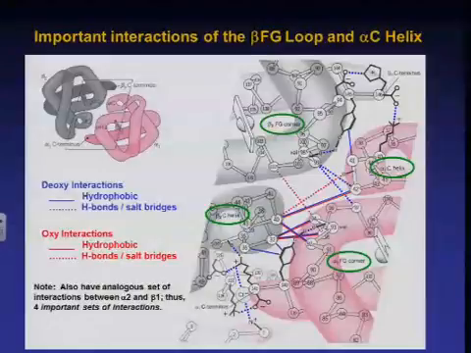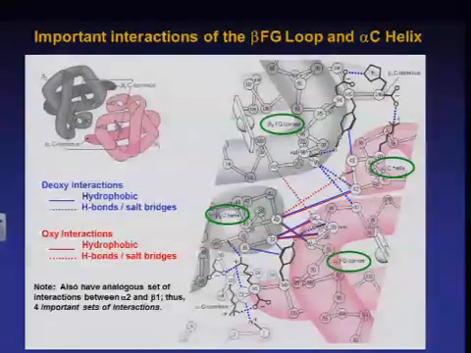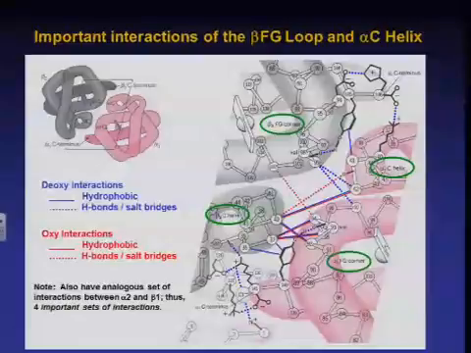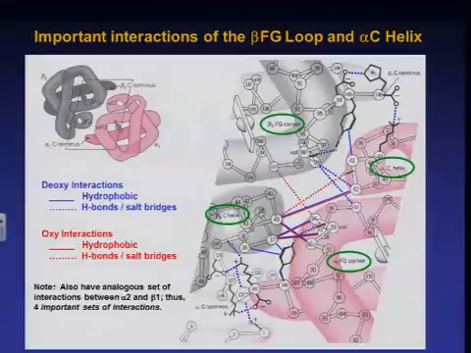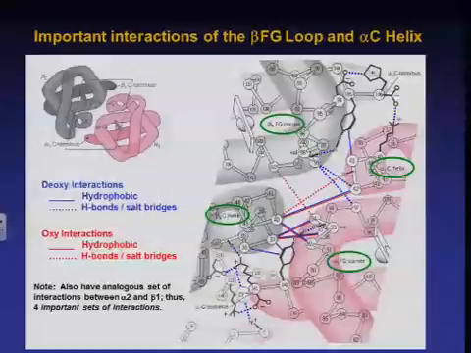Because of the symmetry here, we have the C helix of this beta chain interacting with the FG corner of that alpha. So that's how many sets of interactions? 2. Then we have the other 2 subunits doing the same thing. So we've got 4 sets of interactions at the close contacts between these FG corner and the C helices.